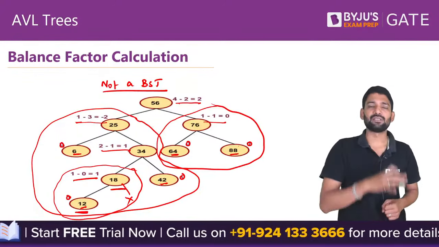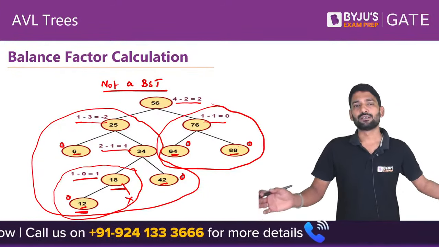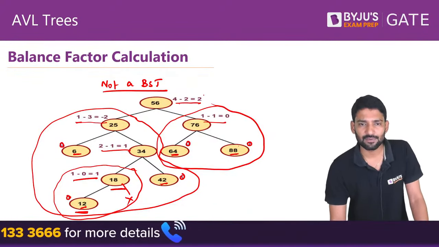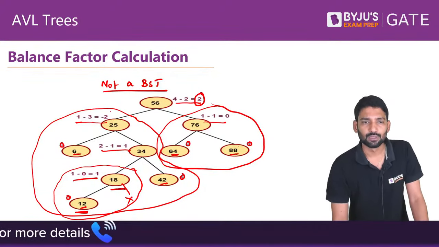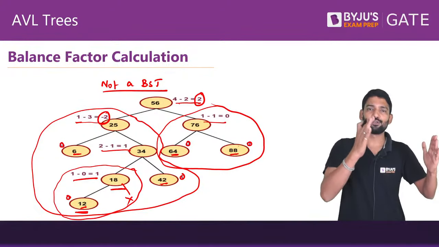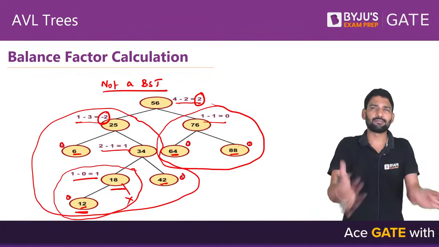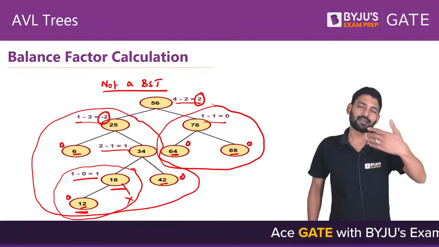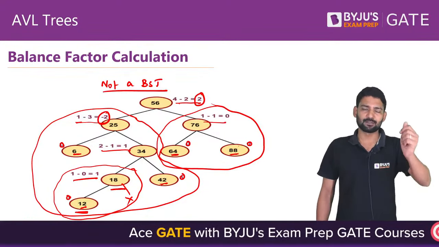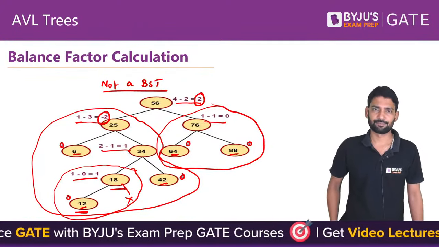Here you observe in this example, first of all, it is not a BST, so there is no question of checking whether it is AVL or not. However, you see the balance factor of 56 is 2, 25 is -2. Are these in the range -1, 0, +1? No. So definitely you can straight away eliminate this because it is not a BST. When it is not a BST, there is no question of checking the balance factors.